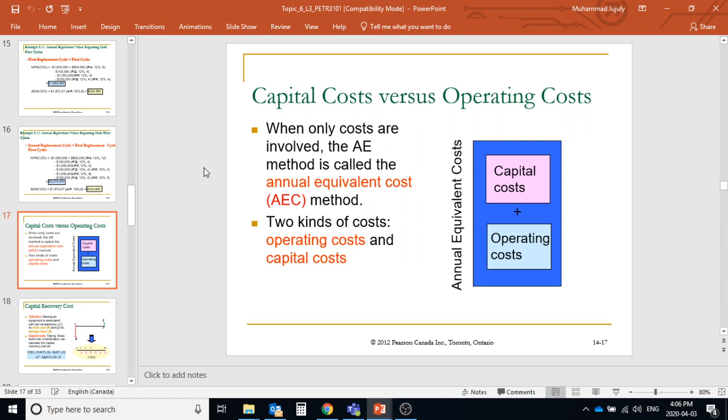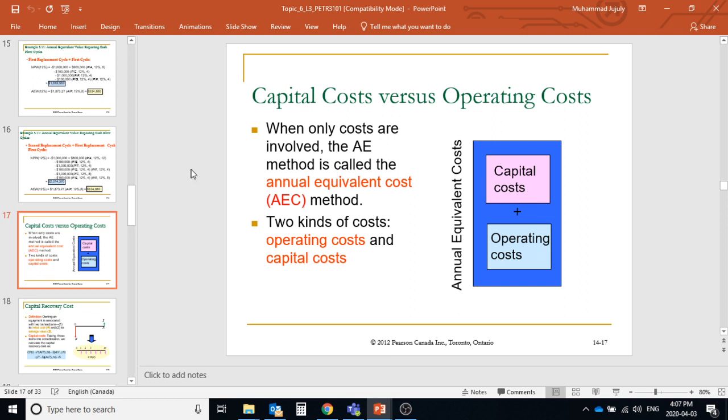For instance, you want to buy a car. If you purchase a car, that cost is the capital cost, but the gas and the regular scheduled maintenance and everything, those would be your operating cost. So there are two different costs involved.